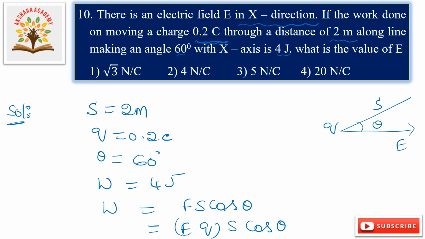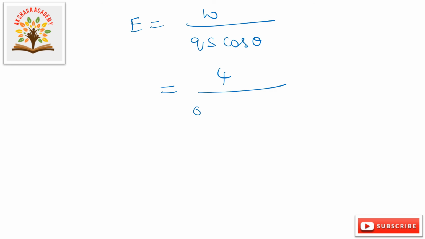So from this we can write electric field E is equals to W by Q S cos theta. Now substituting values, 4 by 0.2 into 2 into cos 60 degrees.